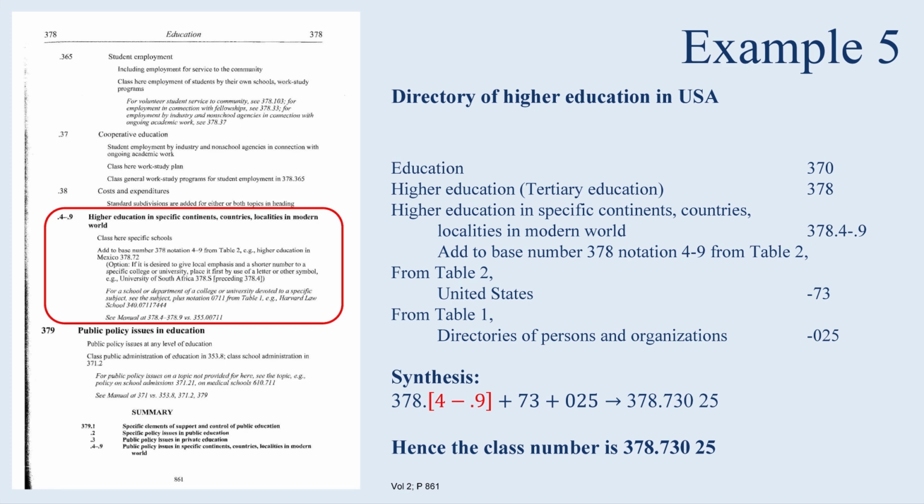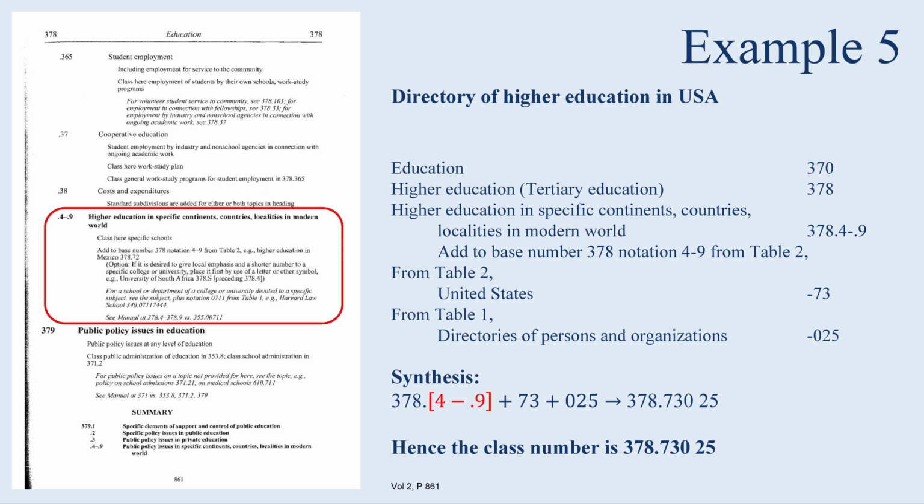So we have got the number for higher education in USA, and as we have mentioned, directory is a form division that is available in table 1, and from table 1 we got 025 for directories of persons and organizations. So the number will be 378 as per the instruction under 378.429. We have omitted 42.9.